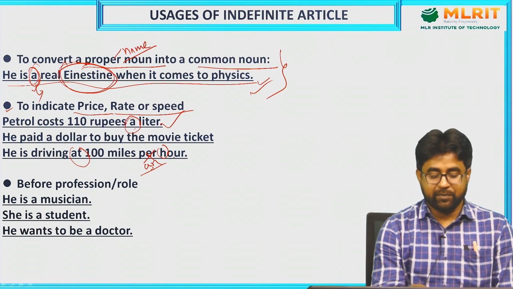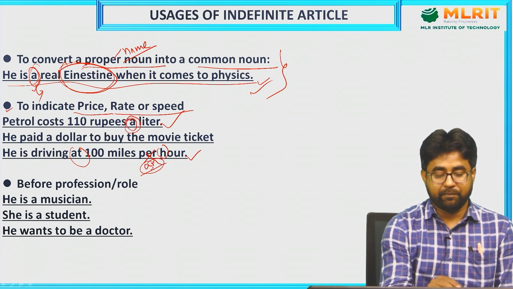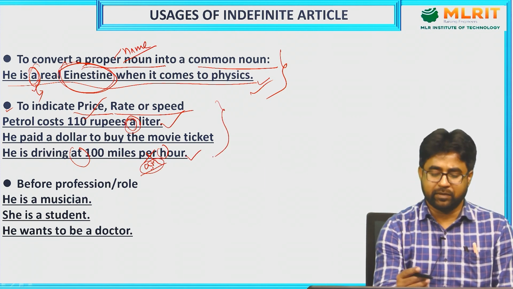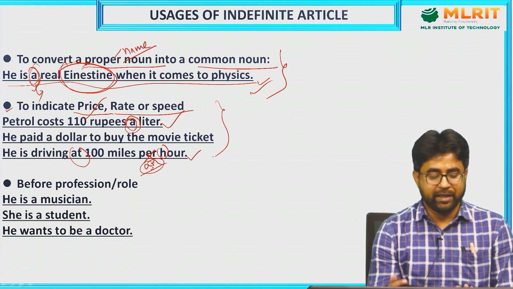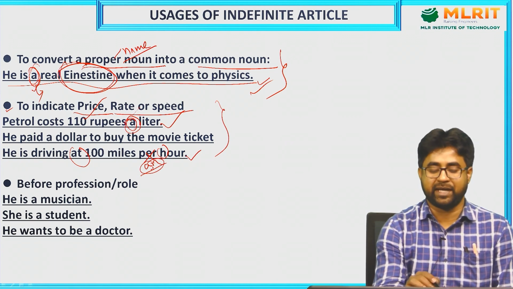So I am using an indefinite article to indicate speed here, and to indicate price there. These are a few examples. We use this kind of article in many other cases also, like while talking about price, rate or speed.